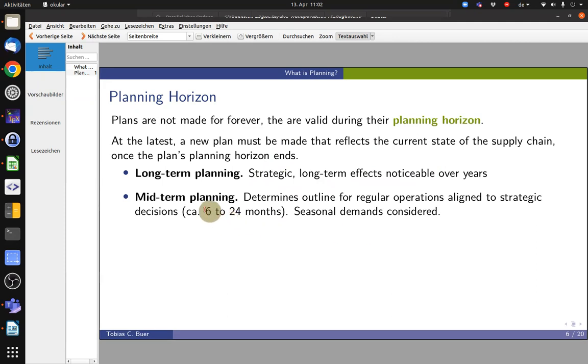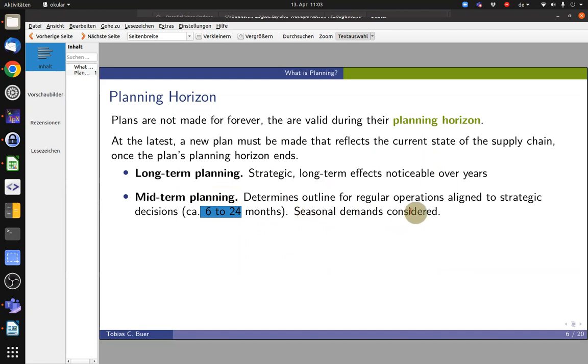Here it's written that the midterm planning is over roughly half a year to 2 years. And in this level, we try to find out how to align our operations to the strategic decisions. Usually here, we do not assume that the main capacities, like the number of factories, can change on this level.